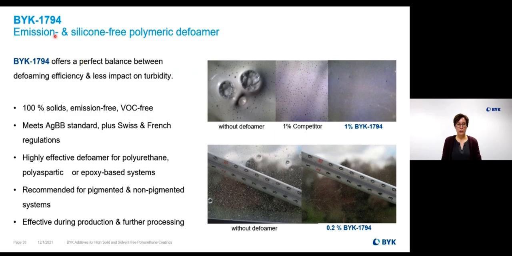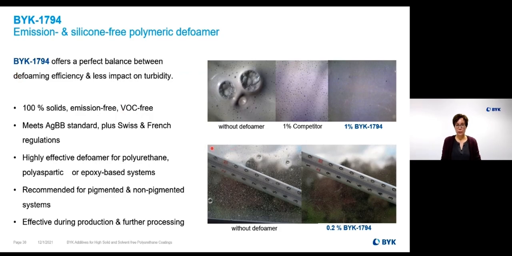When we talk about Book 1794, that is an emission- and silicone-free polymeric defoamer, we can say that it is a perfect balance between defoaming efficiency and less impact on turbidity, because defoamers need a certain incompatibility to be active. And once it is too incompatible, it can cause some turbidity, especially in clear coats.